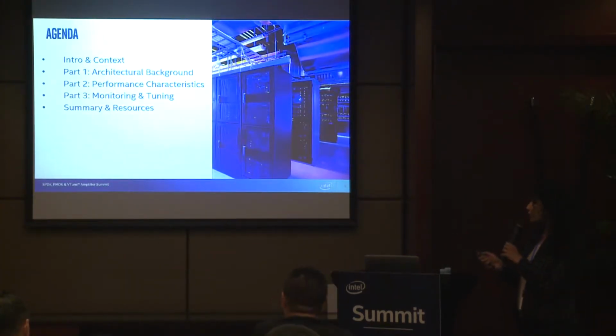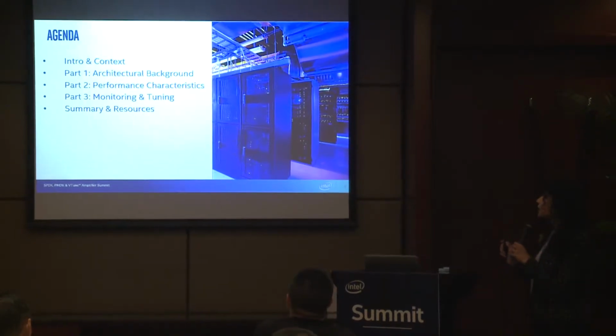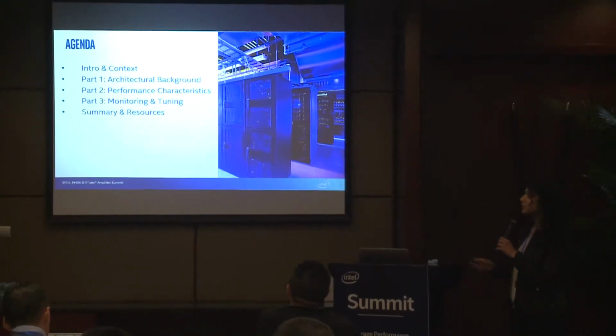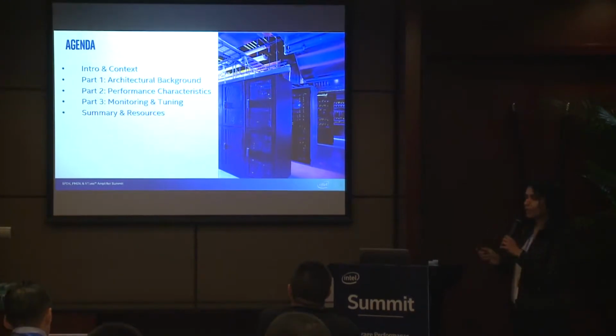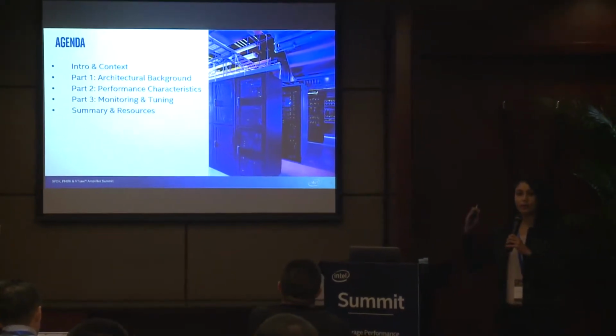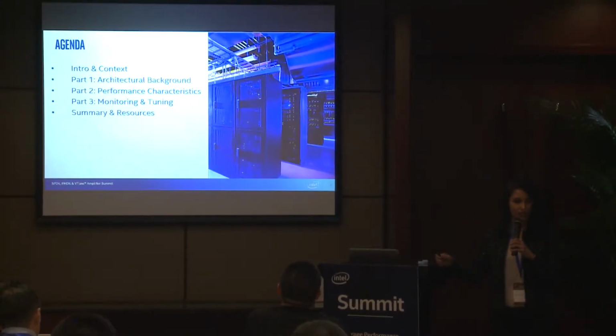So the agenda for today is I'm going to give you an introduction. I just did that. There's going to be 3 parts to this presentation. I'm going to give you an architectural background of Intel Optane DC persistent memory and server products. Part 2 is going to be some performance characteristics, which will give you some performance numbers that you can apply to your application as well.